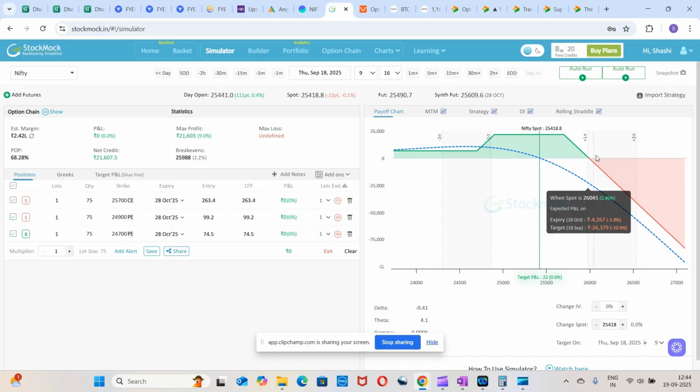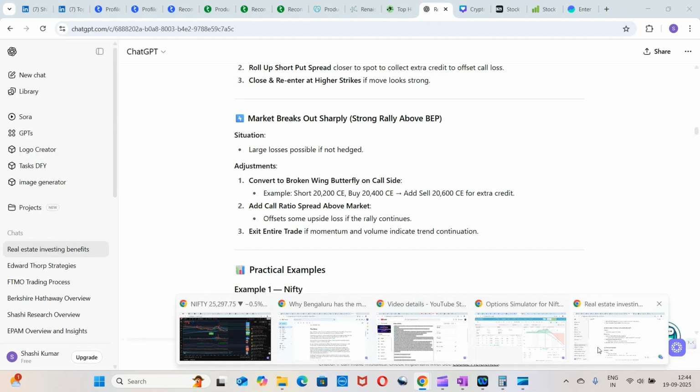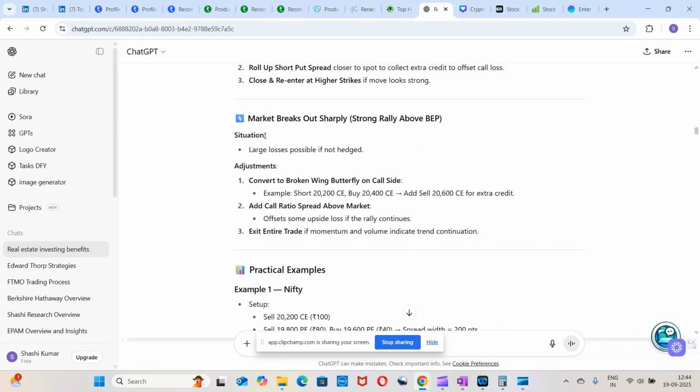If the market breaks out sharply and large losses are possible, you convert it into a broken wing butterfly on the call side, or a call ratio spread. You basically change your view to bullish and deploy bullish strategies, or you exit the trade.